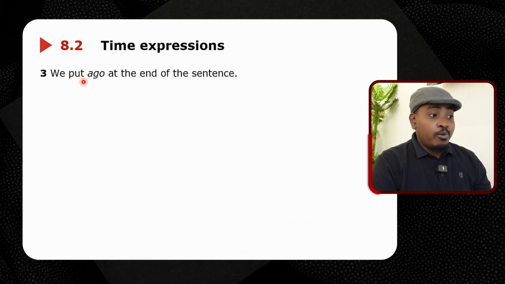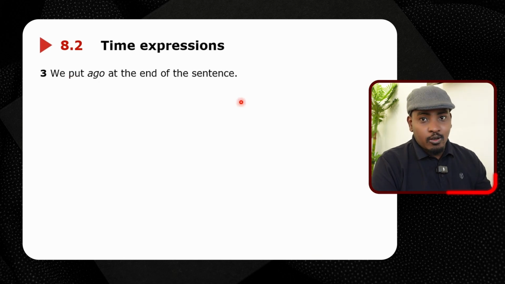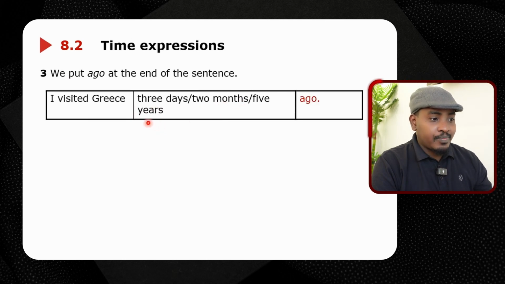Okay. We put ago at the end of the sentences. Like 2 days ago, 3 days ago. Right? For example, I visited Greece 3 days ago, for example, right? 2 months ago, 5 years ago, right?